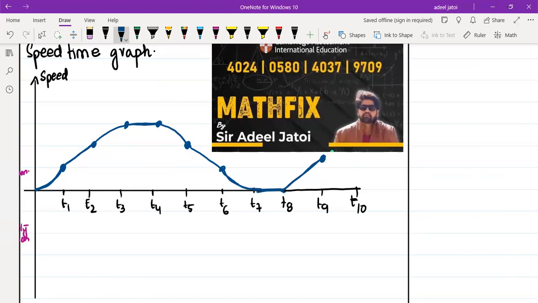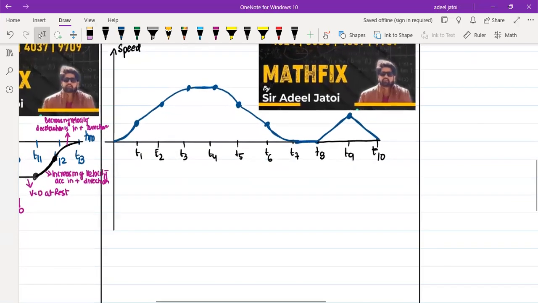This tells me what? T8 to T9, this is uniform acceleration, and T9 to T10 we can have uniform deceleration.